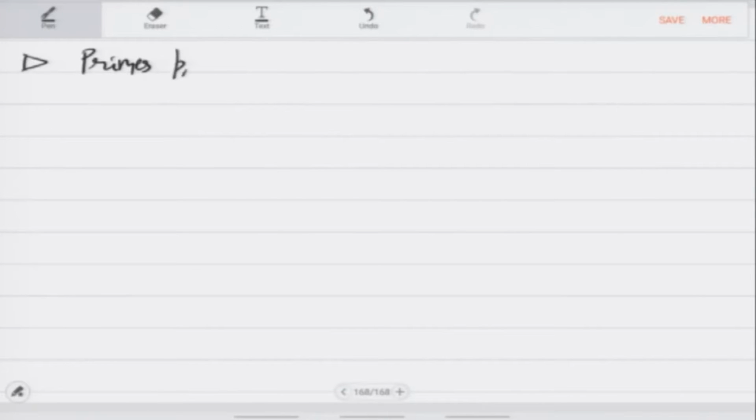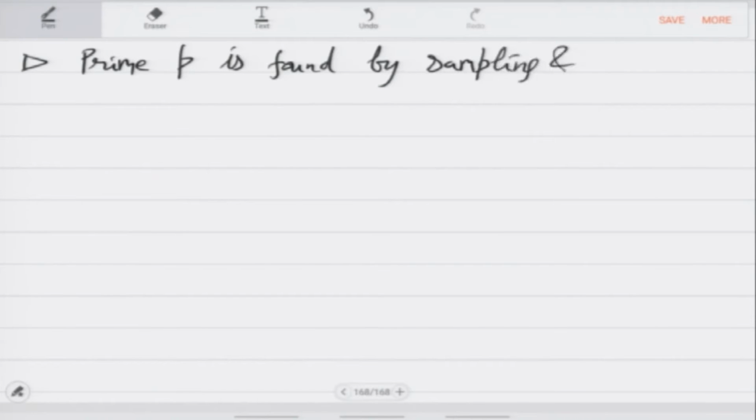This prime p is found by random sampling and primality testing.